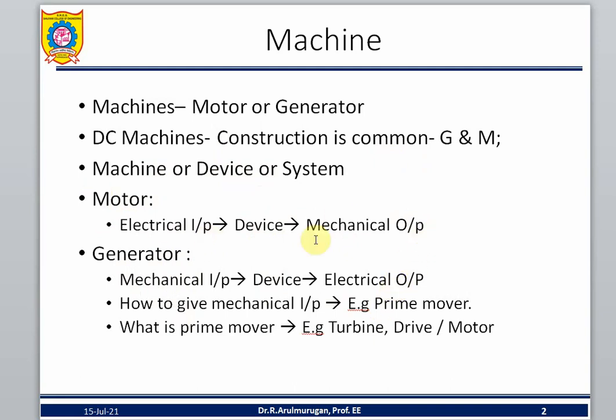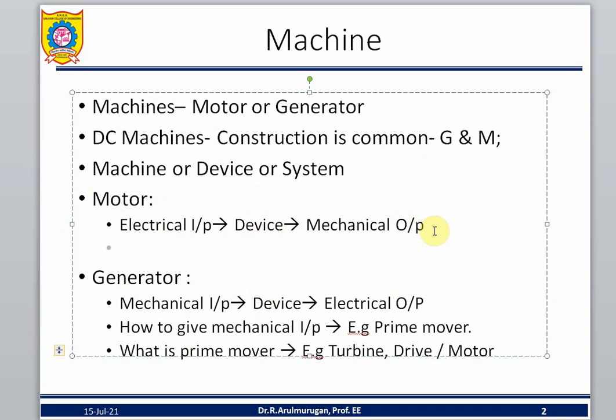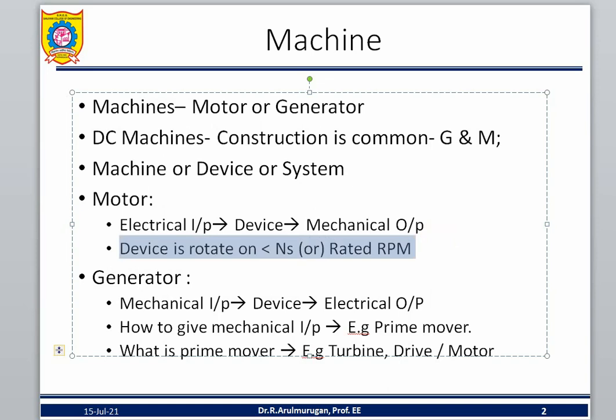How are the motor and the generator classified? The device rotates below the rated rpm, or below the synchronous speed, and that is why it is called a motor.